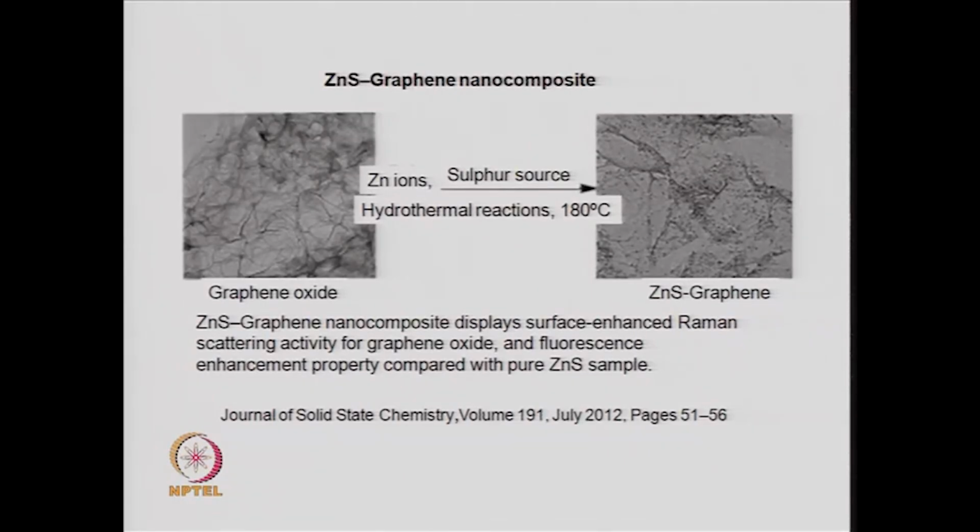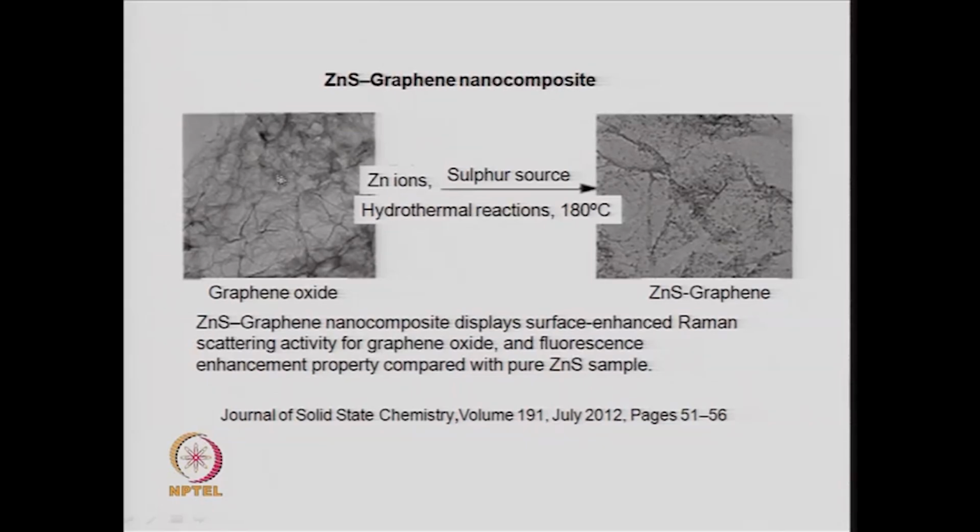This is another example of a nanocomposite of graphene with an inorganic material. So, this is zinc sulphide, and zinc sulphide graphene nanocomposite can be used for several properties, especially optical properties. So, here this is the TEM, the microscopic pictures of graphene oxide and zinc sulphide graphene nanocomposite.